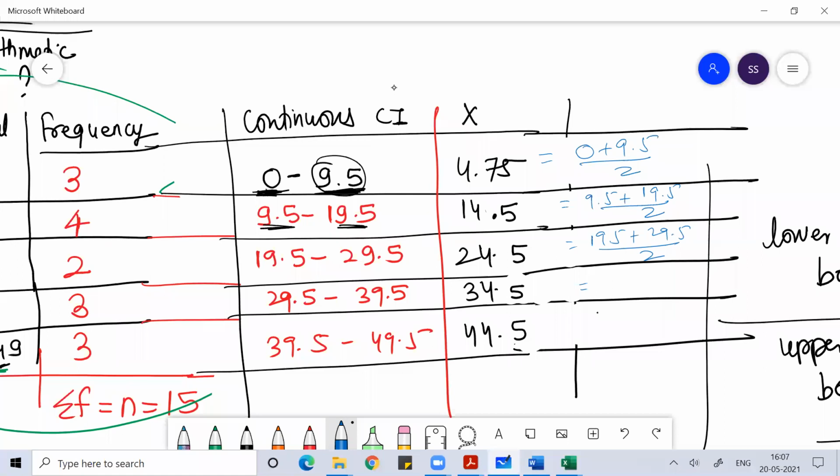This is 29.5 plus 39.5 by 2. This is 39.5 plus 49.5 by 2. This we call the class mark. The name, the nomenclature of that X is not so important. Just remember it at the back of your mind.